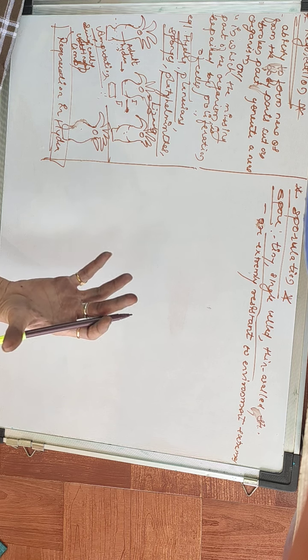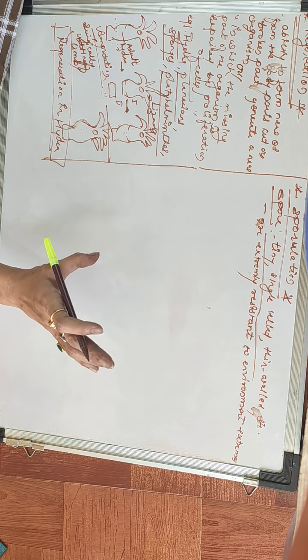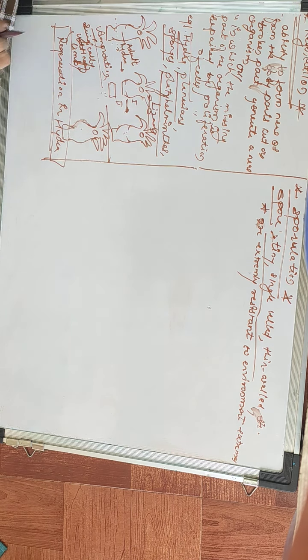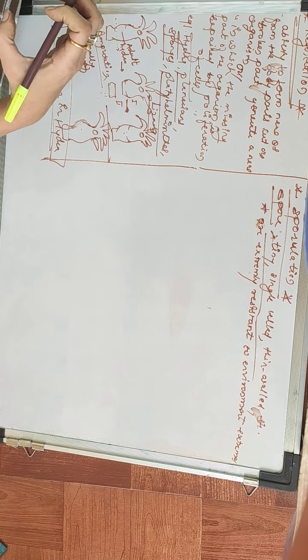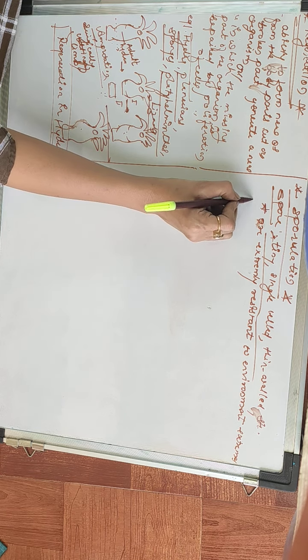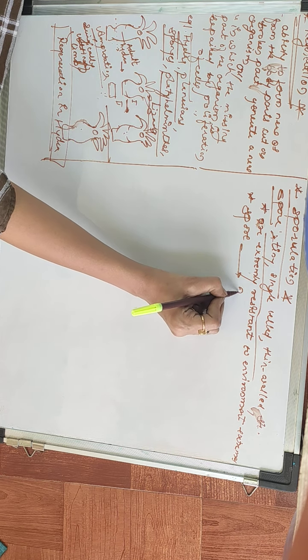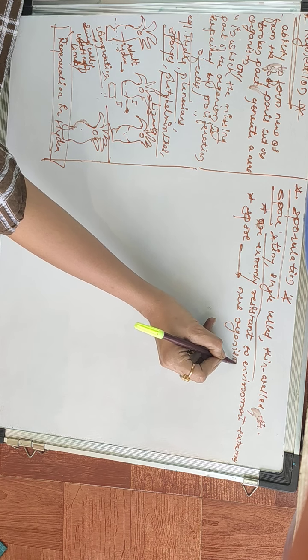The spores are tiny single cells with a thin-walled structure. That structure is known as spores. That is the characteristic of spores. Now you know that these spores form new organisms. So what is the role of the spores? The spores form a new organism.